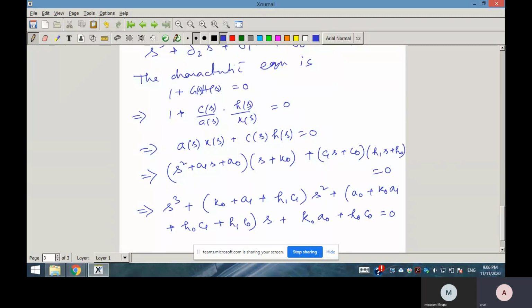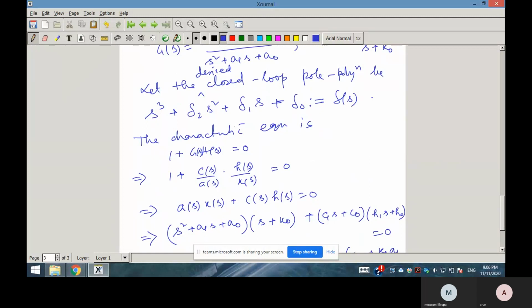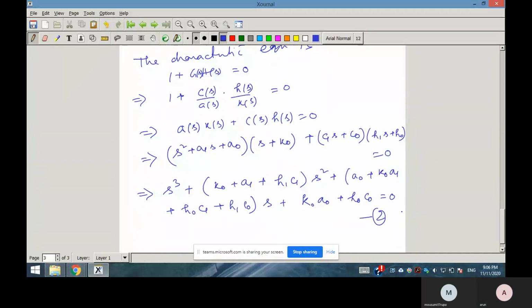This is equal to 0. So now comparing 1 and 2.